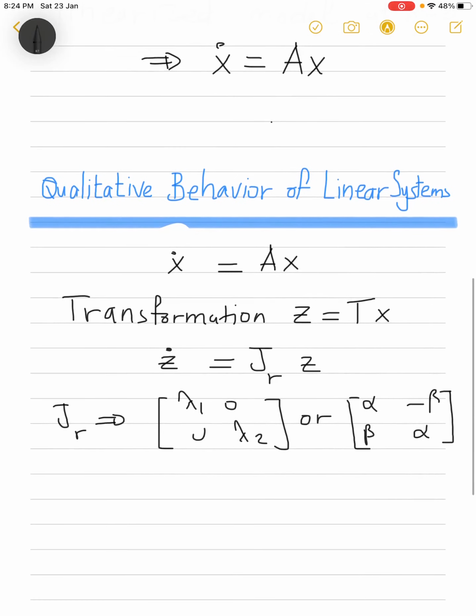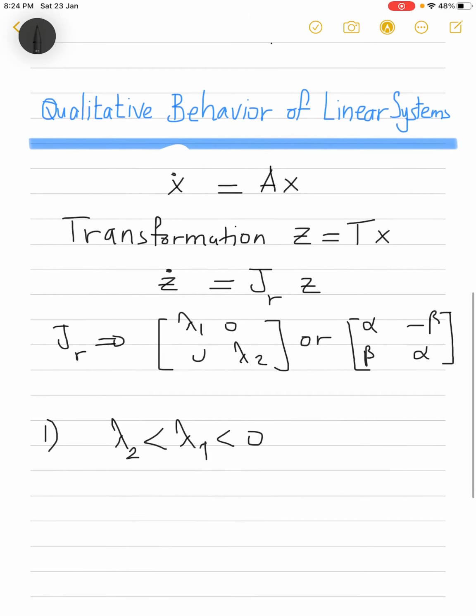So let me take the first case where both eigenvalues are real and distinct. So if we take lambda 2 less than lambda 1 and less than 0, so they are both negative, we call lambda 2 the fast eigenvalue, while lambda 1 is the slow eigenvalue.